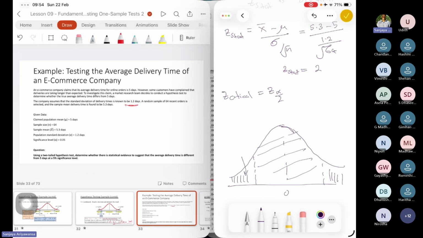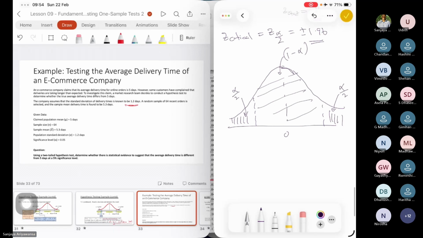So this middle part is 1 minus alpha. Therefore, the remaining alpha is divided into two regions, alpha divided by 2. Hence why we look at whether it's a two-tail test or not. Because if it's a two-tail test, we check Z alpha over 2, which is plus or minus 1.96. Now what do we do? We compare these two values.